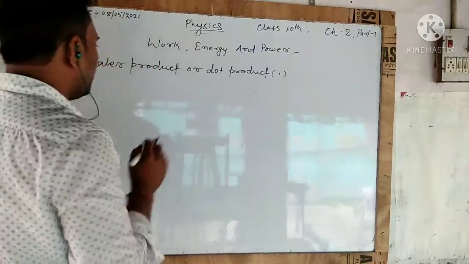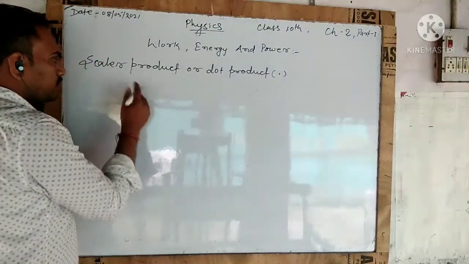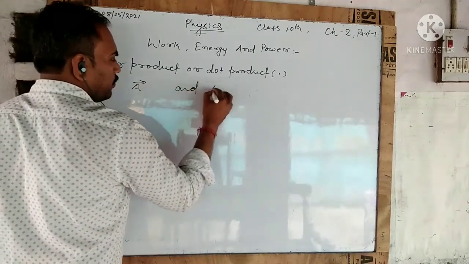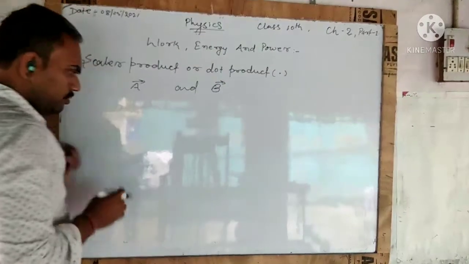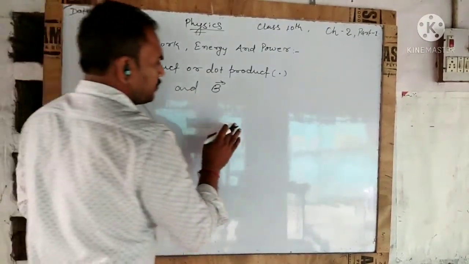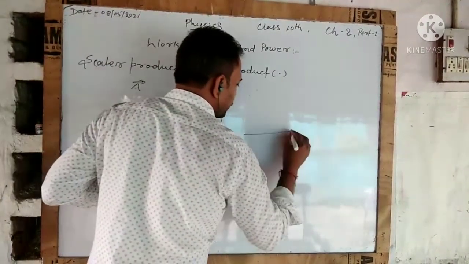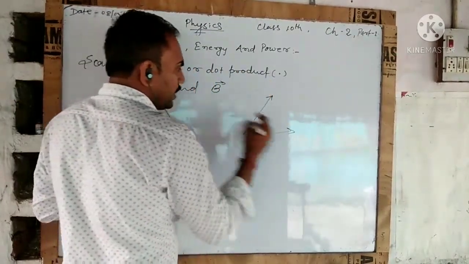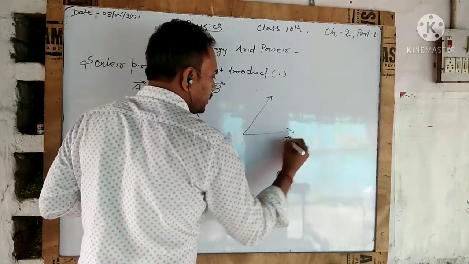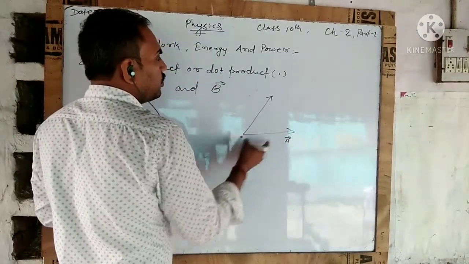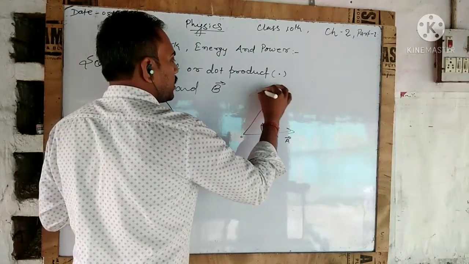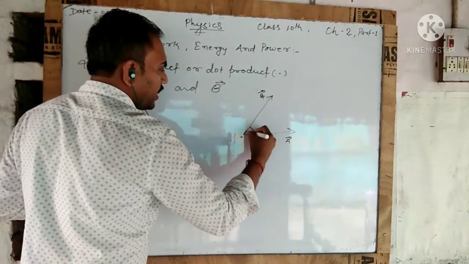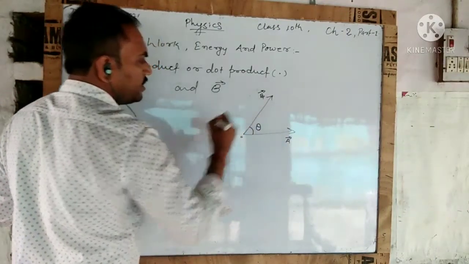Let's say there are two vectors A and B, and there is some angle between A and B. Let's say vector A is in this direction from O, and vector B is here. The angle between vector A and B is theta.